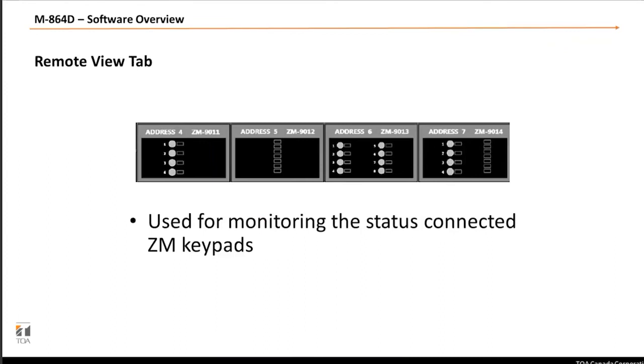And those are the view tabs for the remote controllers. So you'll see which controller is used under which address of your system. Like we see here that we have a ZM 9011 on the address 4 of the system, a 9012 on the address 5, 9013 on the 6, and 9014 on the 7.